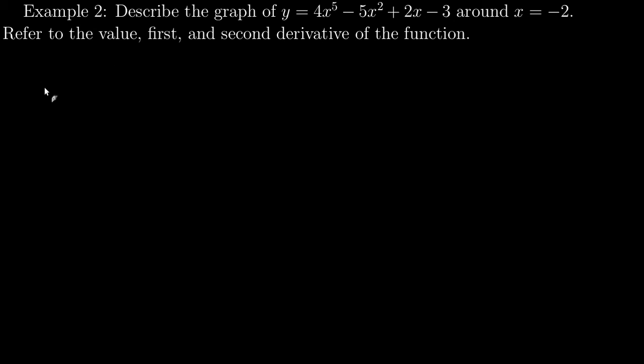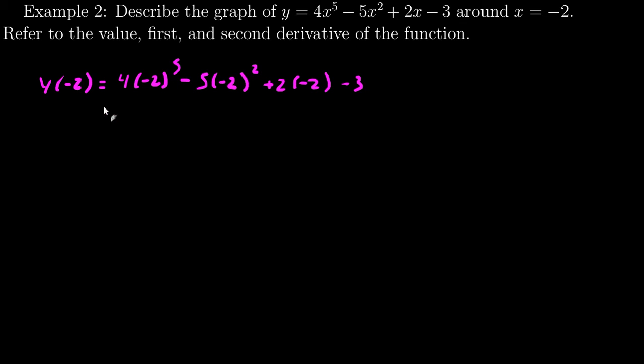I'll first evaluate y of negative 2, which is going to equal 4 times negative 2 to the fifth minus 5 times negative 2 squared plus 2 times negative 2 minus 3. Negative 2 to the fifth is 32 times 4 is 128, but negative, so I have minus 128.